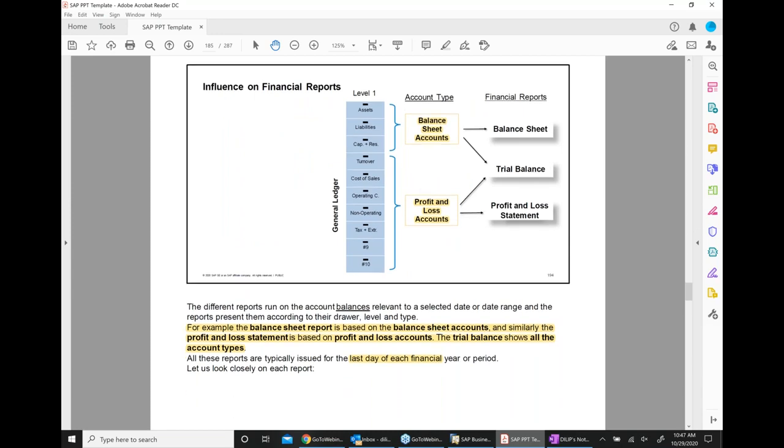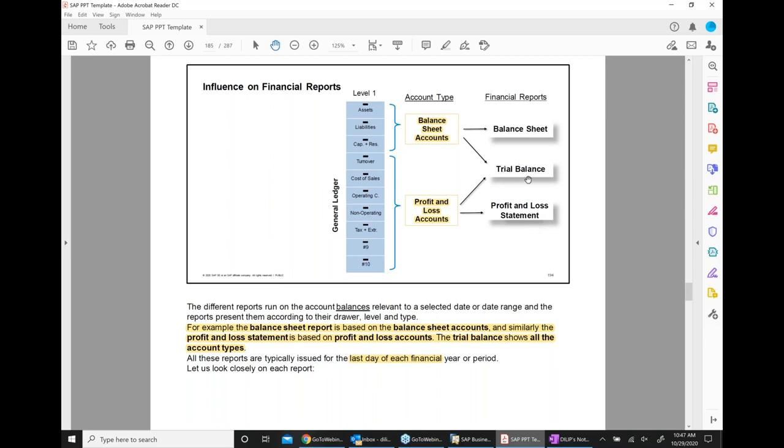Now, what is the influence of that? So this is the influence. Let's understand this. These balance sheet accounts, which are asset, liability, reserve, etc., are part of your balance sheet account. And then these buckets, which are your turnover, cost of goods sold, operating expenses, are part of your profit and loss account.